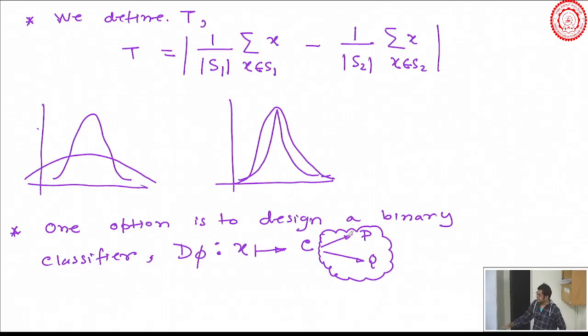I am showing X as not a specific sample, it can be any sample. I am showing just one sample, but it can be all of them. Let's say I don't know whether X is from S1 or S2. The classifier will try to say whether it is from S1 or S2.